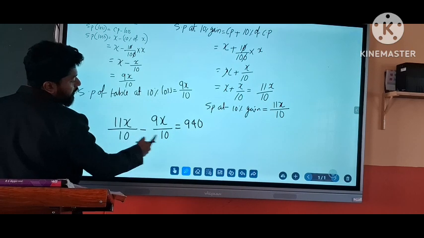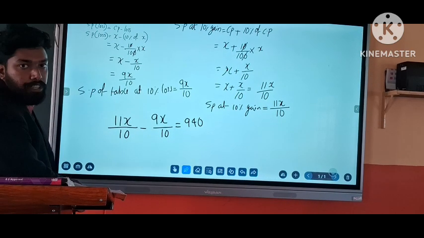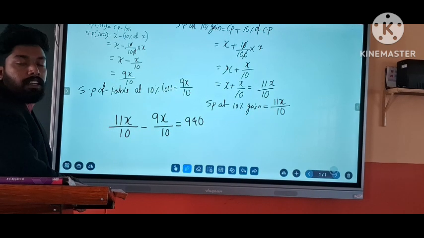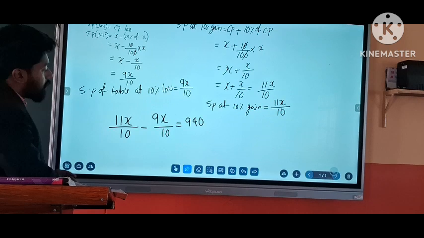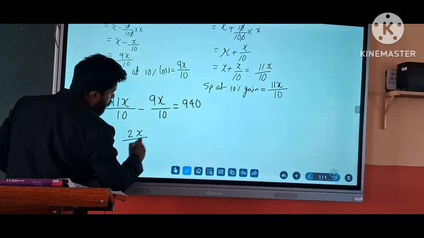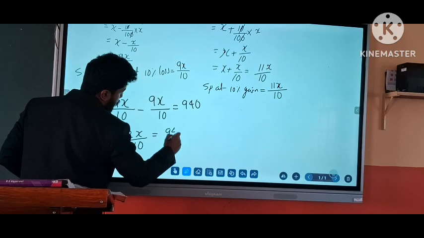Here you can see that the denominators are the same. When denominators are the same, the fractions can be subtracted by taking the difference of numerators. So 11X minus 9X will be equal to 2X upon 10, and it is equal to 940.